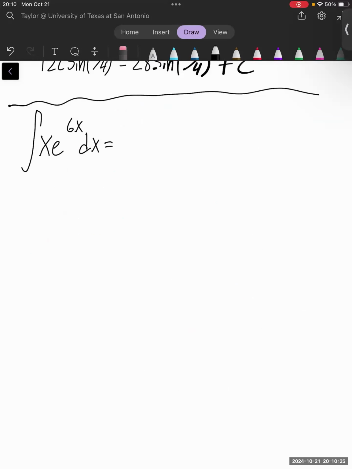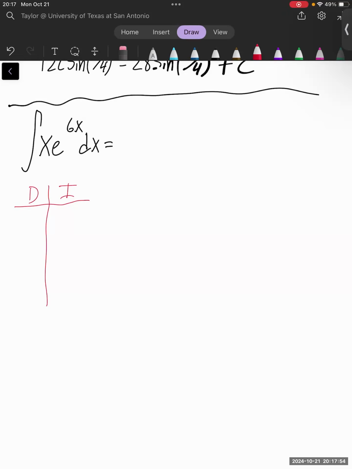All right, so we're going to do another example here, this time using the tabular method. So I'm going to write D and I. And remember, we just need to figure out which ones we are going to differentiate and which ones we are going to integrate.